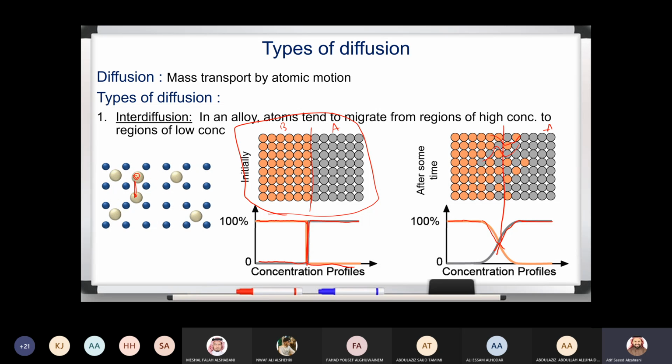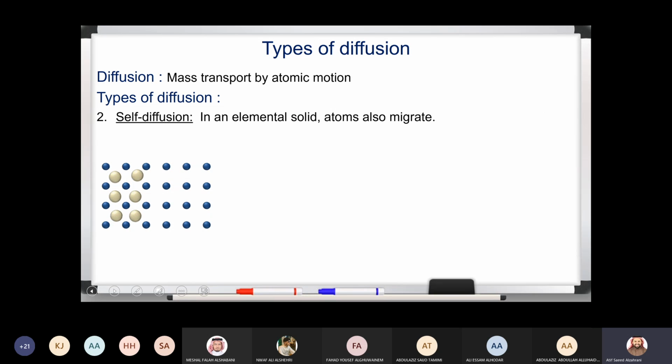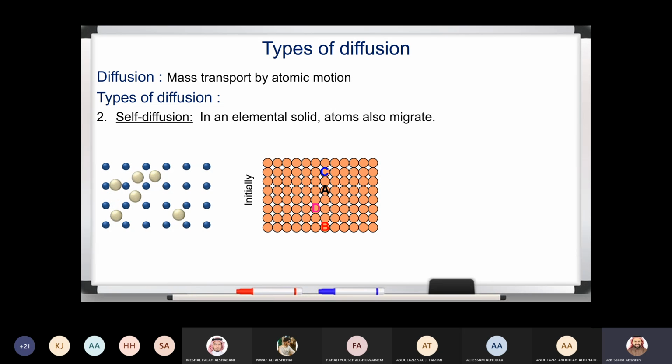It's called interdiffusion. The second type is called self-diffusion, which is basically happening within the same element here. So initially, all of it is basically atom B here, but we can define C, A, D, B as the position of specific atoms.